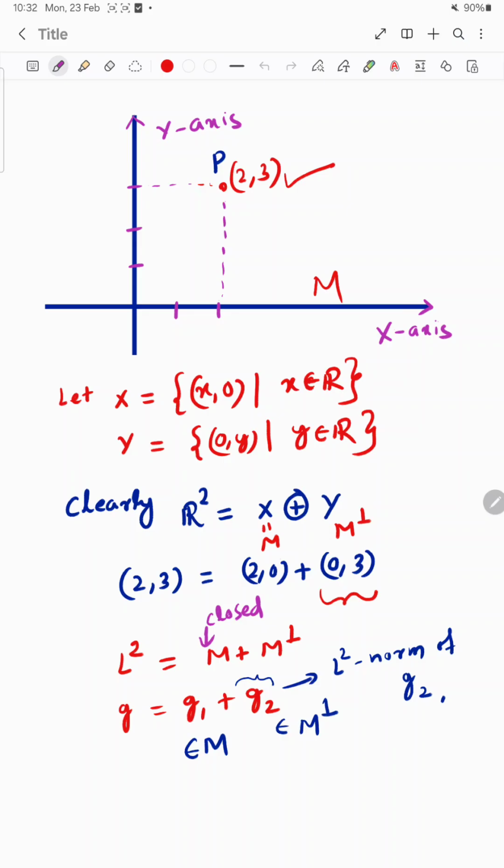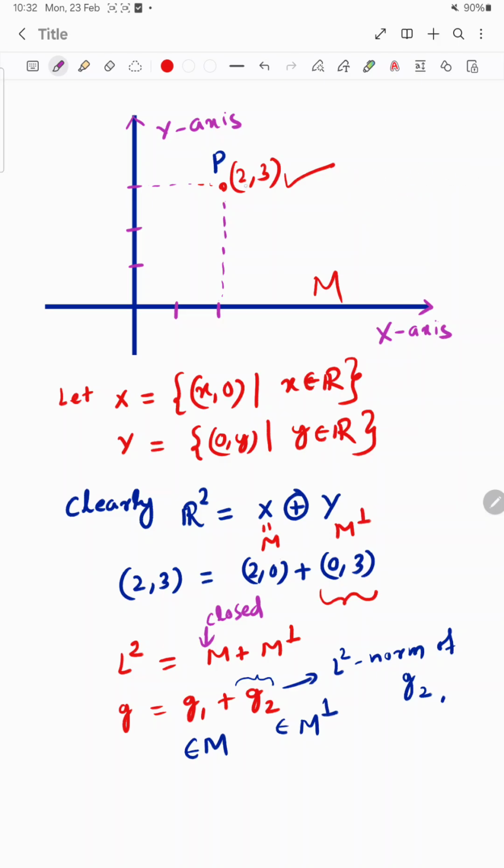Okay, let us take a simple space R2. I hope that you all are well acquainted with this space, the Euclidean space R2, the R2 plane. Here the point P is given.